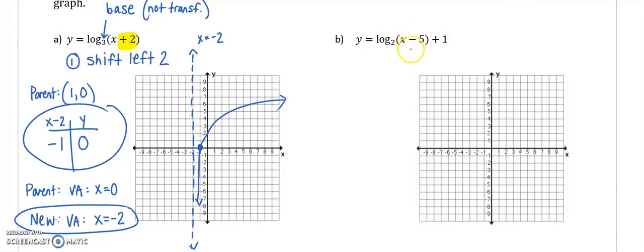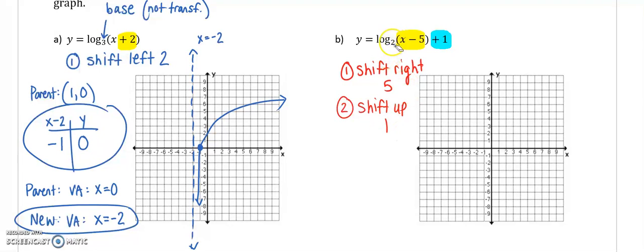Same thing here in letter B. I've got one transformation right here, so that is a shift right 5. And I have another transformation at the end. That's going to be a shift up 1. Again, the 2 is not a transformation, it's just my base. So I'm going to organize this a little differently. My parent function has the point (1, 0) and the vertical asymptote x equals 0.